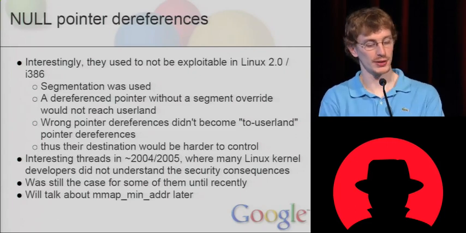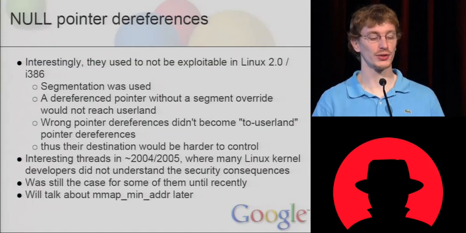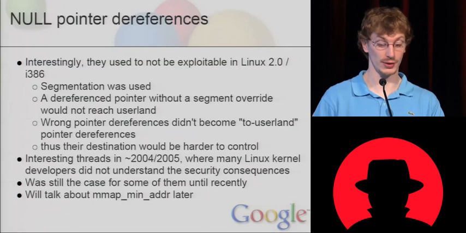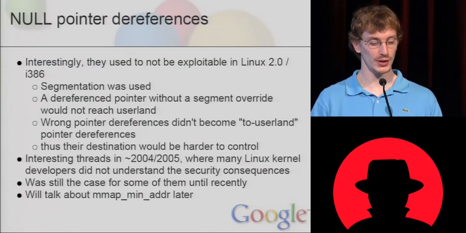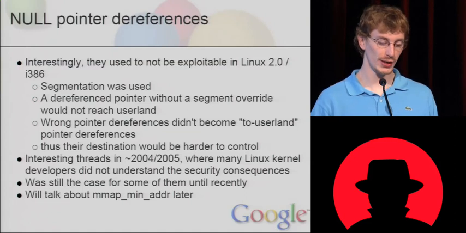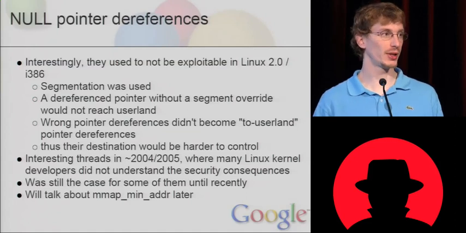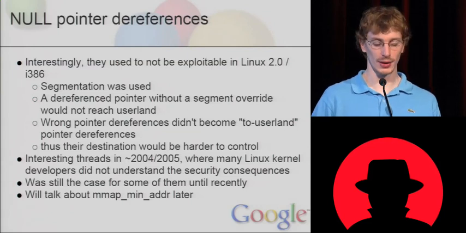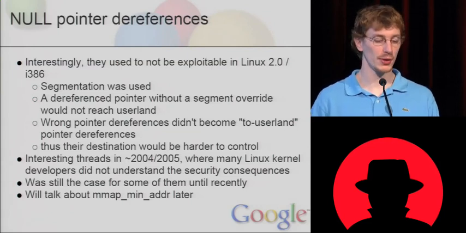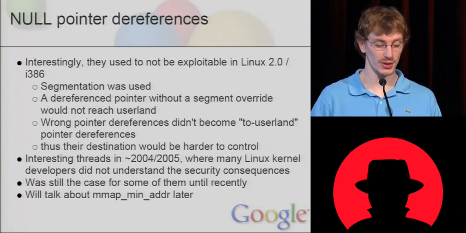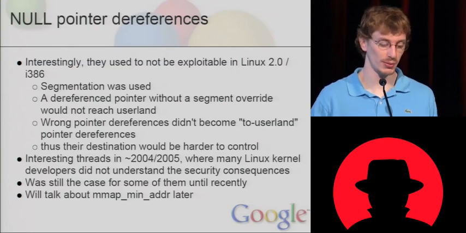And interestingly, I remember that in 2004, 2005, we had some interesting threads with Linux kernel developers who did not understand the security consequences of them. It was not really clear if they just expected null to be special to the underlying hardware, or if they still remembered the earlier days of Linux when this was not exploitable, but it was exploitable on other platforms.